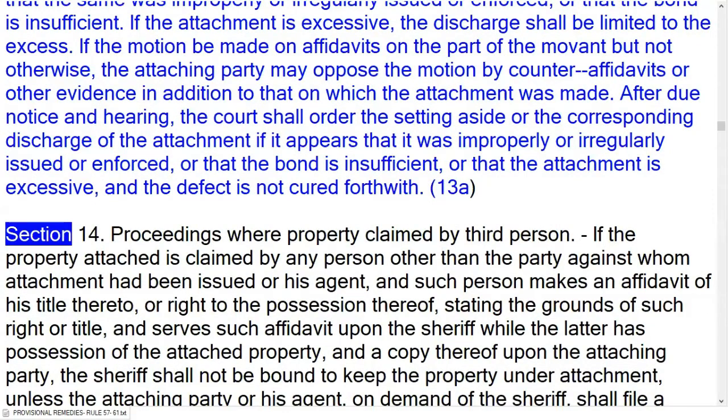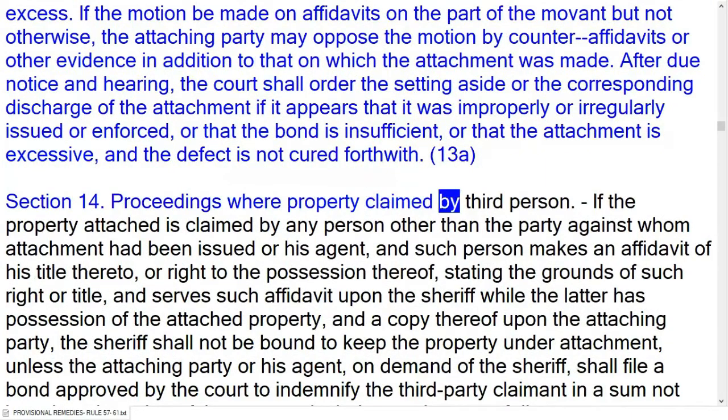Rule 13, Section 14. Proceedings where property claimed by third person.